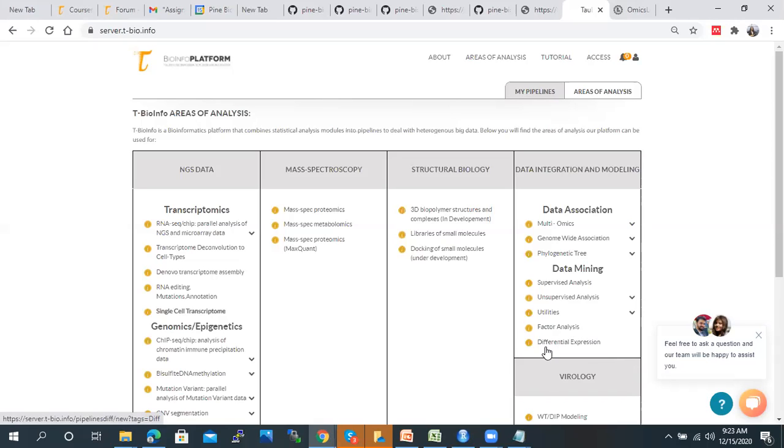If you have FPKM values, which are further quantile normalized, then you can apply simple statistical methods like the t-test, that is the Wilcoxon test or the Welch t-test. So this is always a very important thing to remember when you need to apply DESeq or edgeR, or when you need to apply a simple parametric statistical test like the t-test. So now let's move ahead with the presentation.